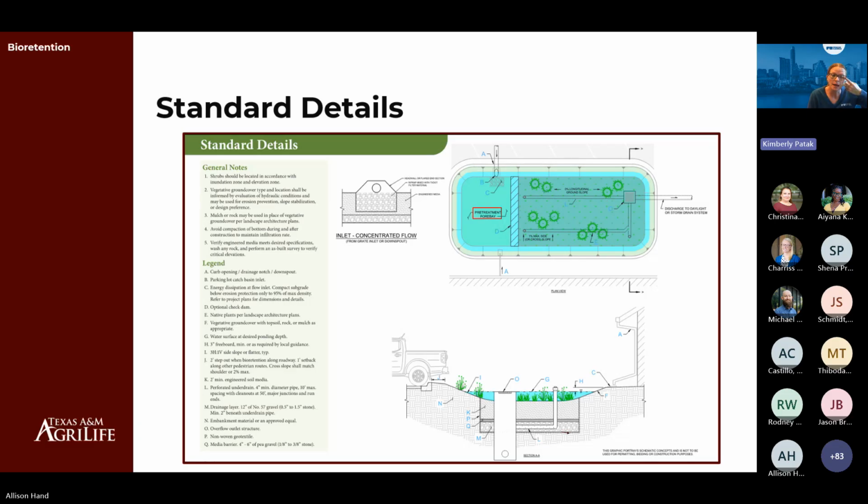The typical ponding depth of a bioretention cell really is up to the designer, typically anywhere from 9 inches up to 18 inches to be able to draw down the adequate volume. But also click through. We also want to make sure that we've got a pre-treatment forebay to minimize maintenance concerns, or you definitely will have maintenance concerns, but just to be able to minimize the sediment in the main pool area.